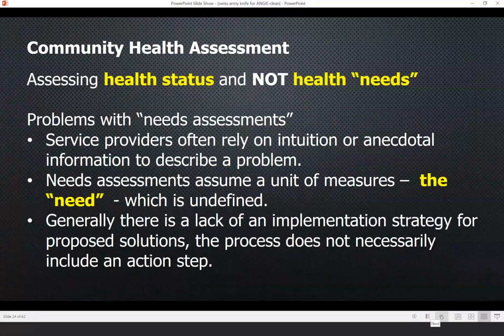When we talk about health status, we know very clearly we can measure functional health status, we can measure disease states, we can measure risk factors very precisely, but need is not something we have much ability to measure except as a perception. And I'm not invalidating that people's perceptions are not important, but if we can translate and think about health status determinants rather than health needs, it's a lot more beneficial in terms of trying to think about what is it we can do to solve that particular problem.